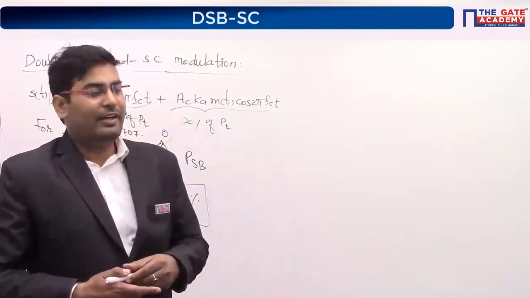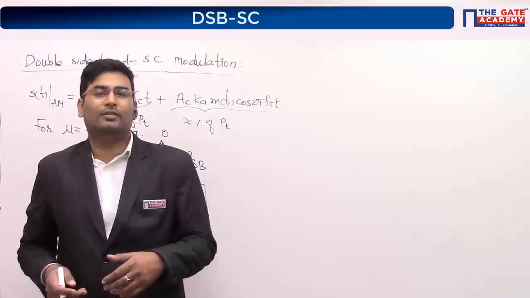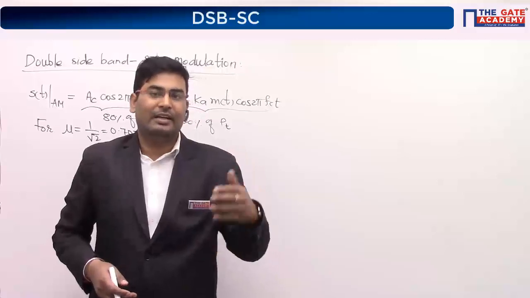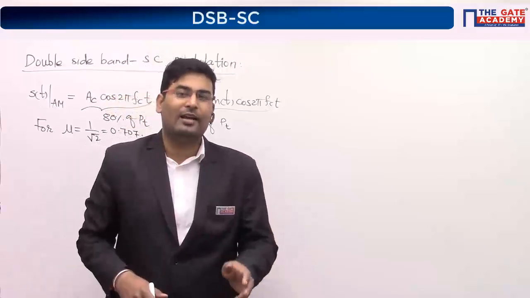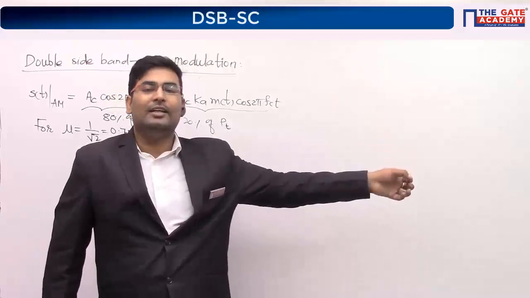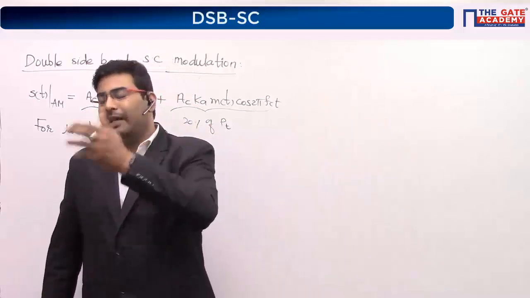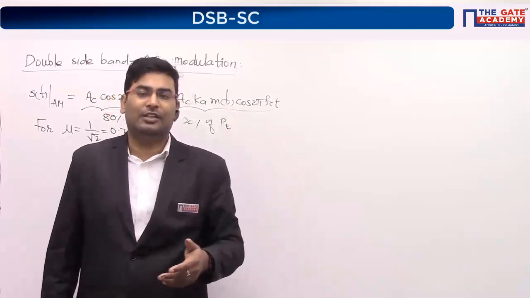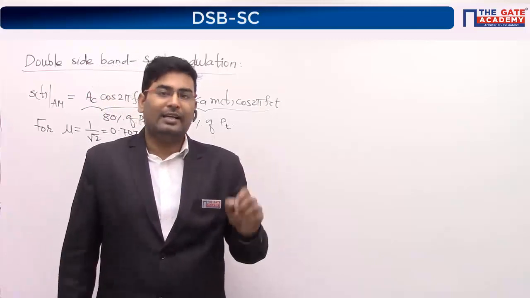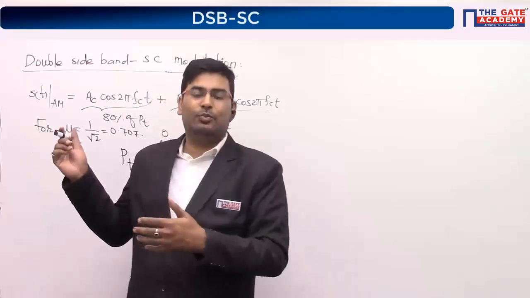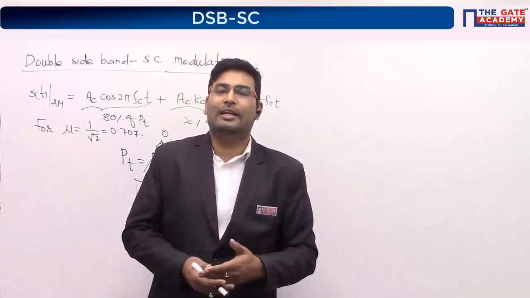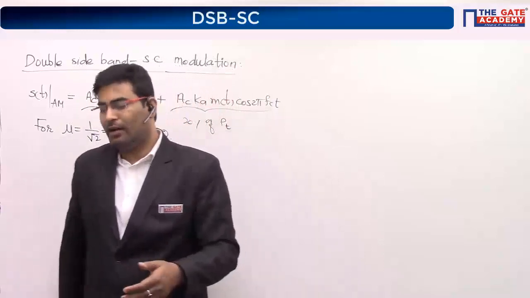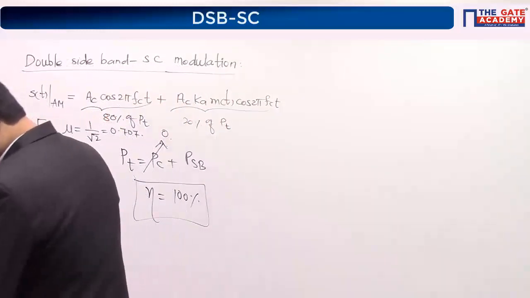Recall that amplitude modulation was generally just multiplying m(t) with the carrier, but it is us who were sending the carrier signal as extra, so that at the receiver end the carrier can be extracted from the AM signal itself. That is the reason I said in the very first sessions that we send the carrier signal Ac cos(2 pi fc t). Now we simply say we are not sending it, and then double sideband suppressed carrier comes on the floor.